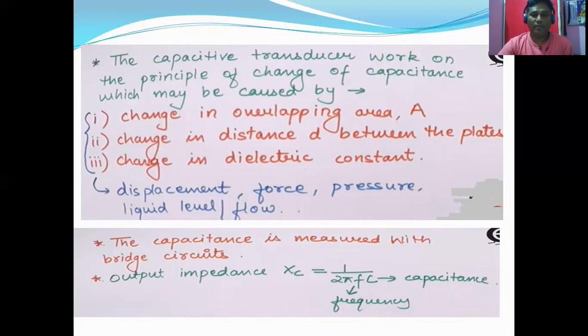In between the two plates, the dielectric constant changes with the help of the inputs given.